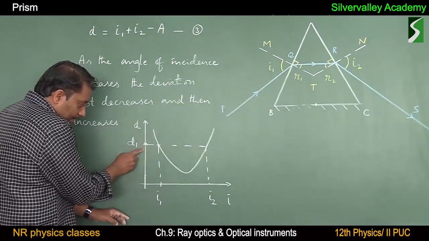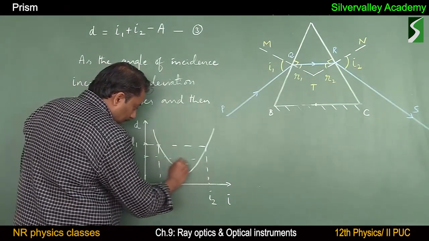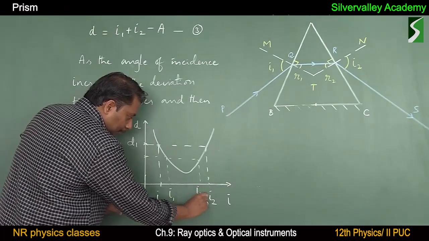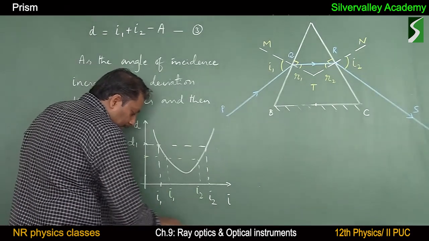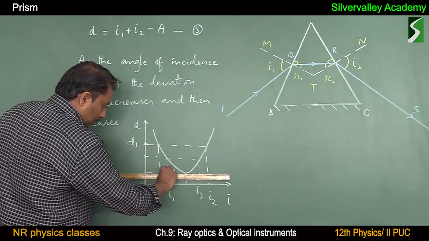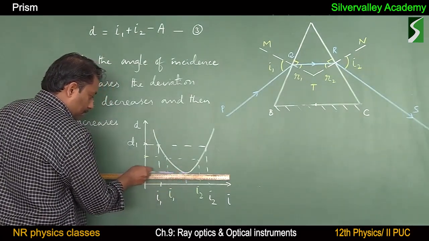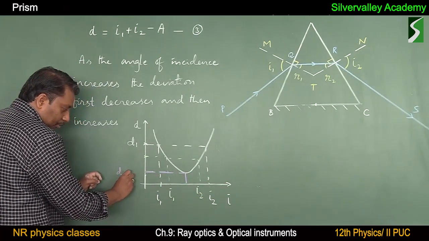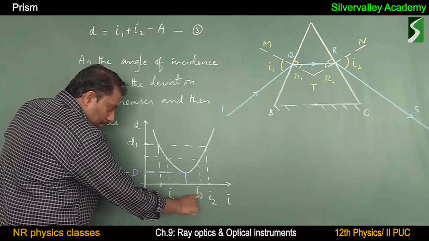So, when deviation decreases, observe this separation between I1 and I2. I1 approaches I2 as the deviation decreases. And at some deviation, denoted by capital D, which is called minimum deviation, I1 will be equal to I2.